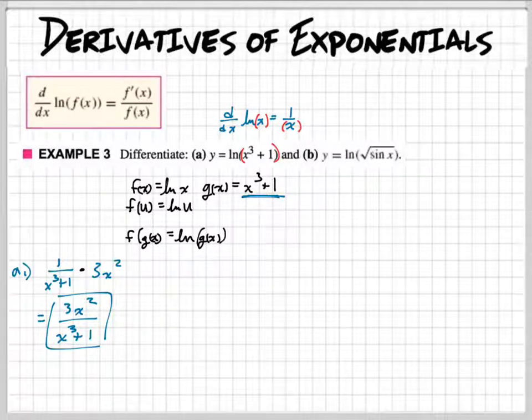Now this is why I don't think I need to prove or do anything with this function right here, because look at our result. The result is pretty much the inside function on the bottom and the derivative of the inside function on top. This says if you have a natural log and you have a function inside of it, your result is just going to be the derivative of the function on top and the function on the bottom.